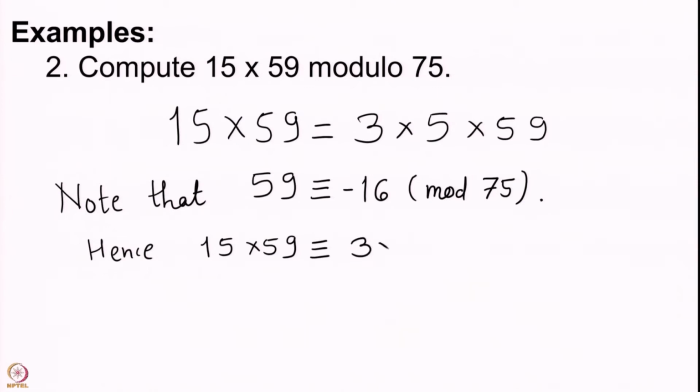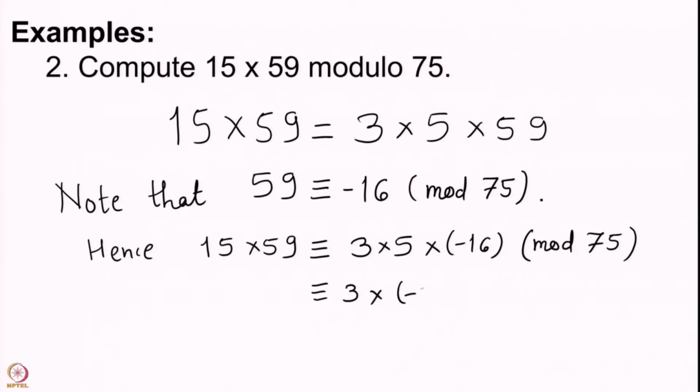So, I will first of all write 15 as 3 into 5 and then I replace the 59 by minus 16. Now, this is simpler because this is 3 into minus 80 mod 75. 16 into 5 is 80 and we have to keep that minus sign, but 80 is same as 5 mod 75.